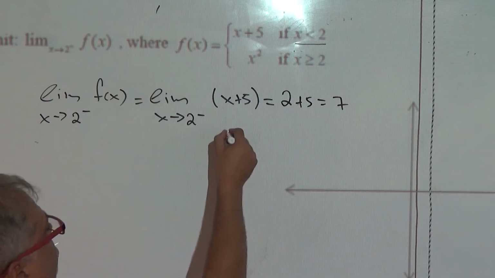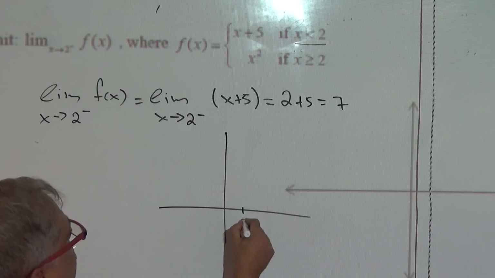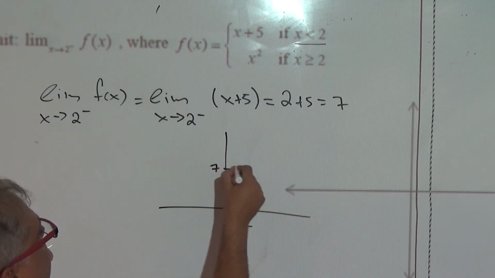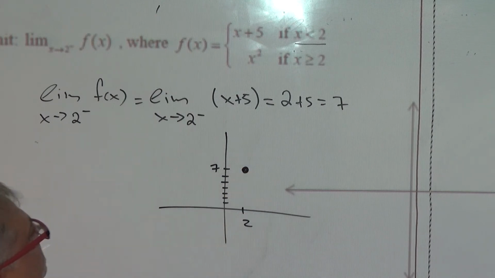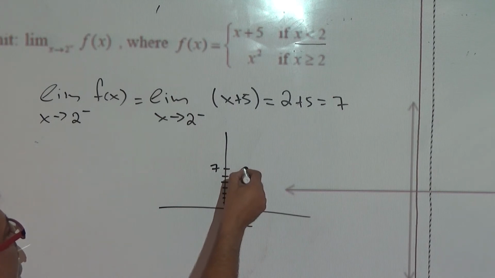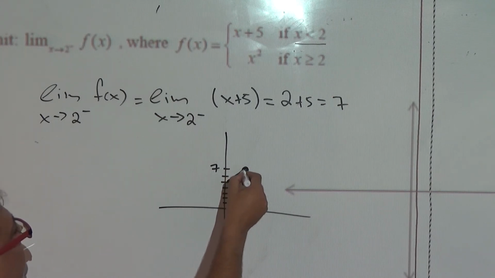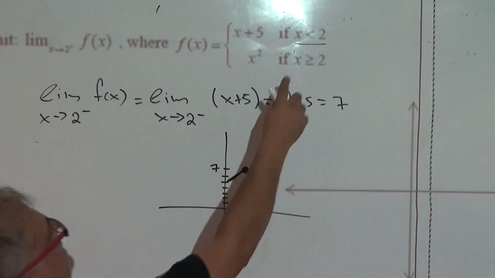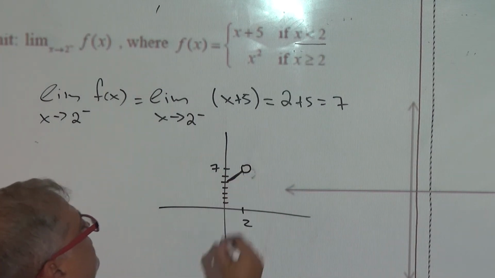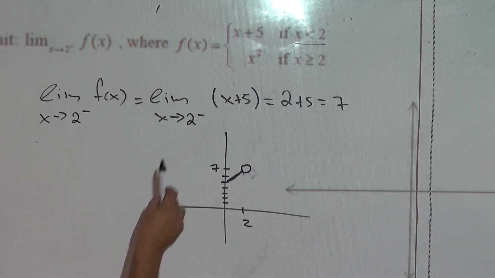Okay, so if I make the graph at 2, 1, 2, 3, 4, 5, 6, 7, I have a hole over here. The function is a straight line with a positive slope, so it goes like this. Okay, but because I don't have the equal symbol, I put a circle. And I should do at 2 what happens.